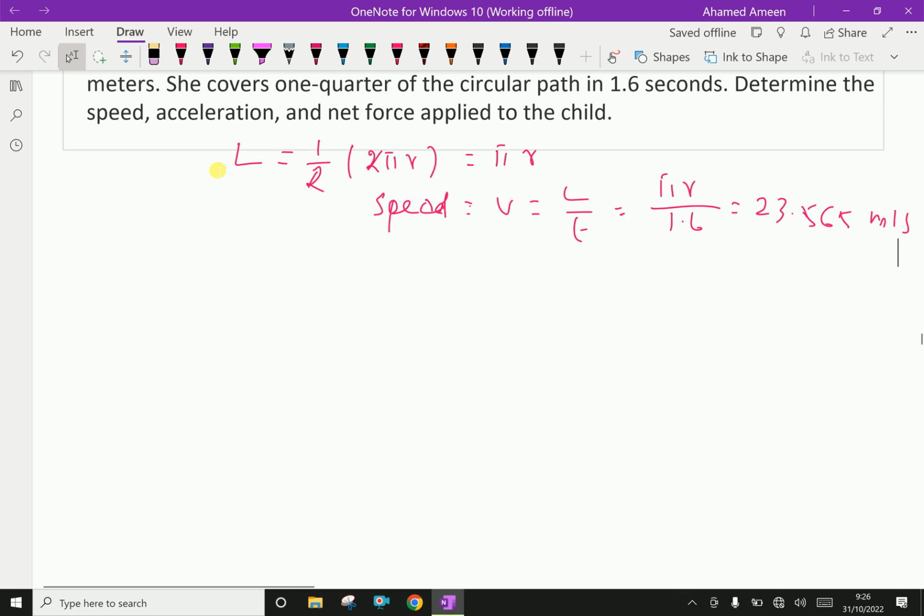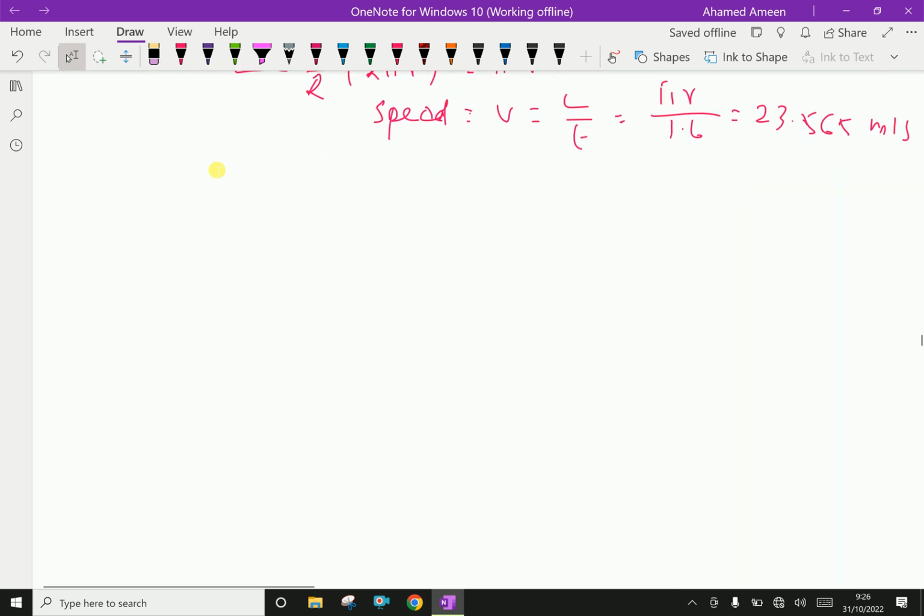Acceleration is v squared by r. So v is 23.565, and the radius is 12.